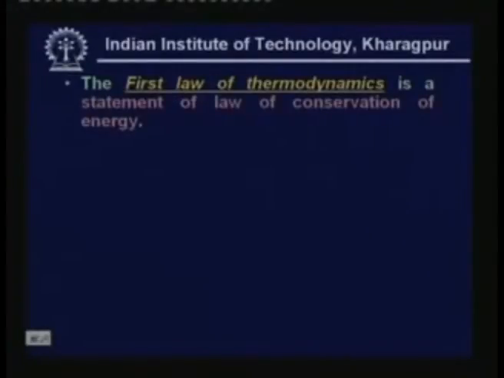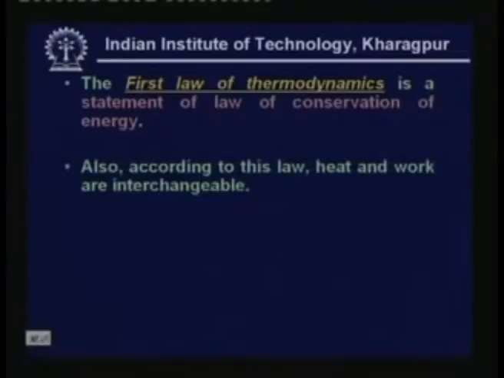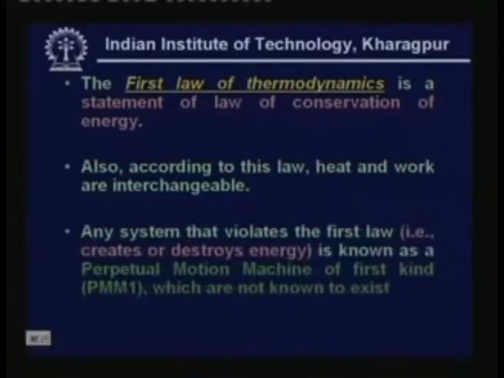Now, let us look at the first law. The first law actually is a statement of the law of conservation of energy, and also according to the law, heat and work are interchangeable. That means, you can convert heat into work or vice versa. And any system that violates the first law, that means which creates or destroys energy, is known as a perpetual motion machine of the first kind, or PMM1.